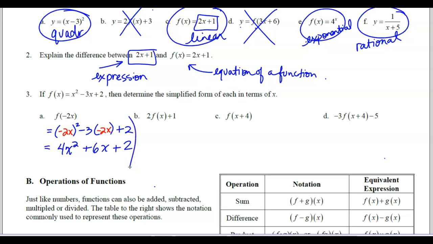All right, so next one, 2 times whatever f of x is, and then add 1. So order of operations says we have to multiply. So this is going to be 2 times whatever f of x is. So actually, I'll put that in red. Just give me a sec. Okay, so in the brackets will be x squared minus 3x plus 2.